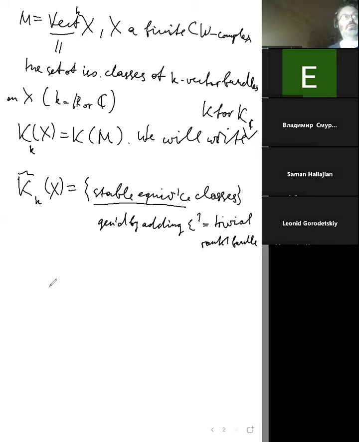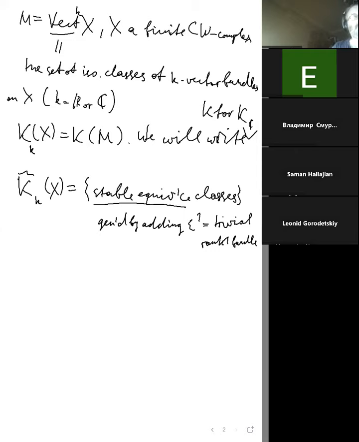Okay. Now, what's the relation between the groups with the tilde and the groups without the tilde?